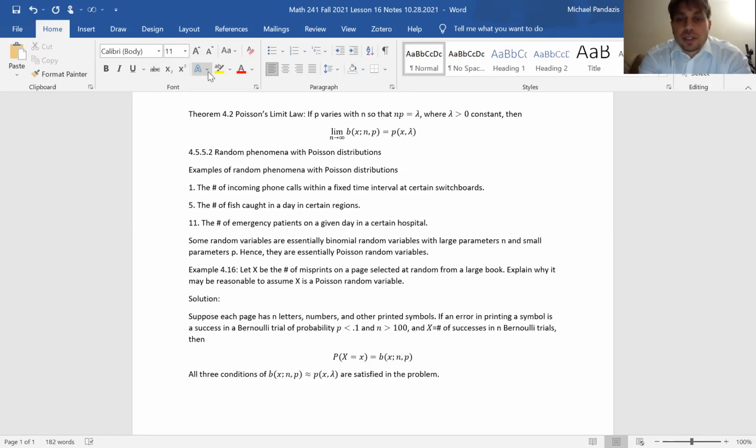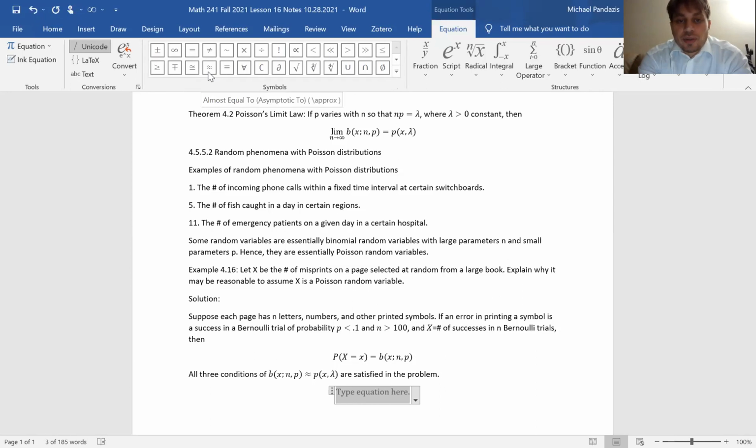The three conditions are, first, n is large, little p is small, and lambda, which is n times p, is moderate.